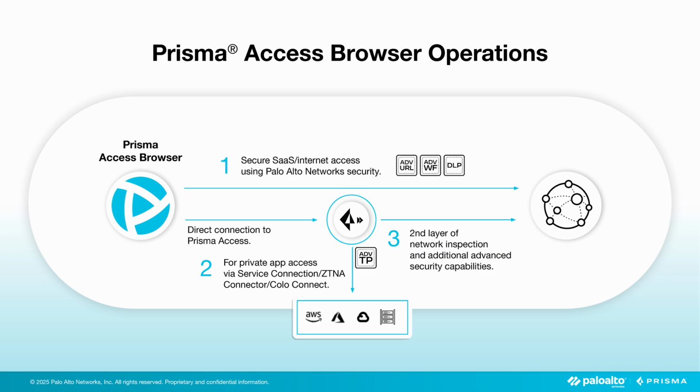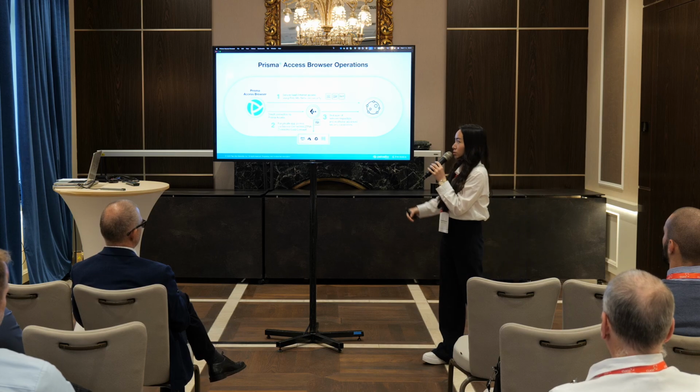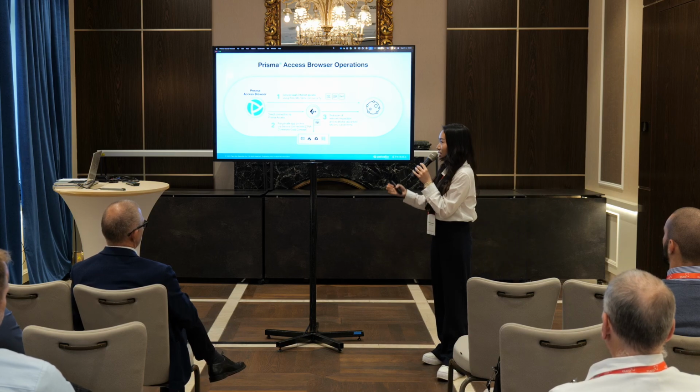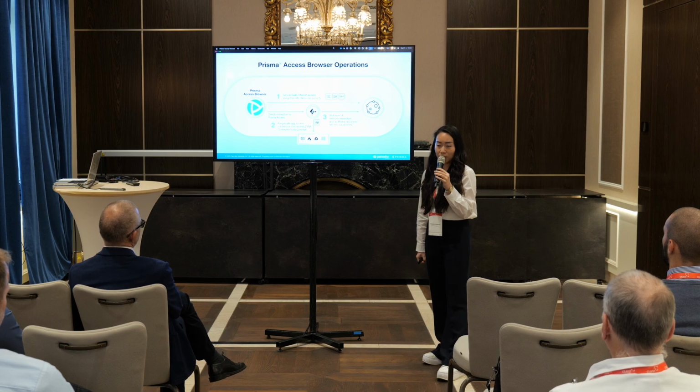How it works. Prisma Access Browser either connects directly to the SaaS applications or the web, and the traffic is secured from the browser with our cloud-delivered security services. Or if the Prisma Access Browser is accessing some private application, it leverages Prisma Access.